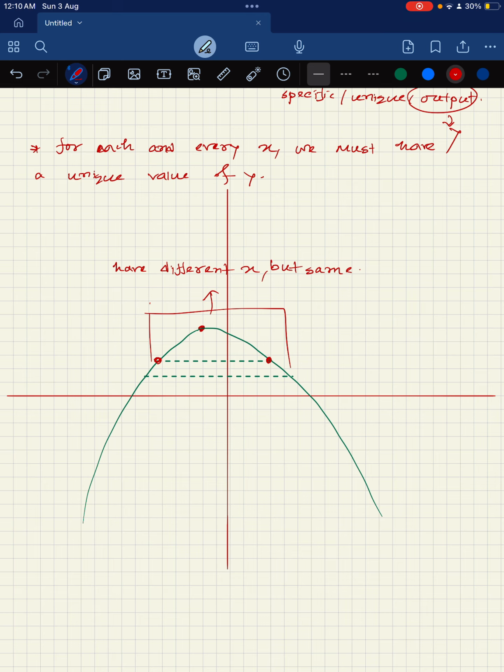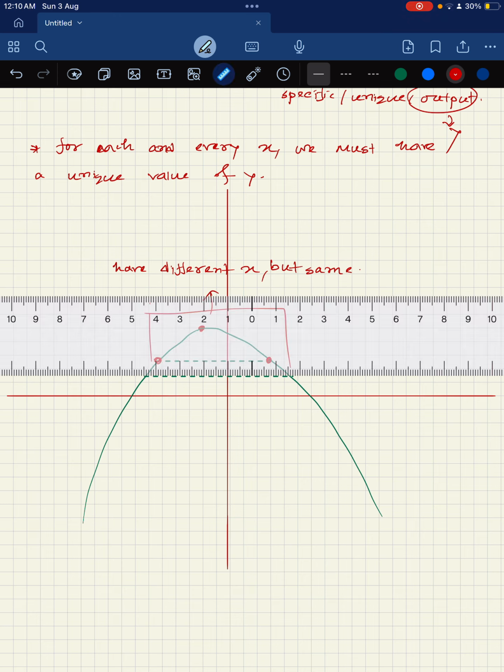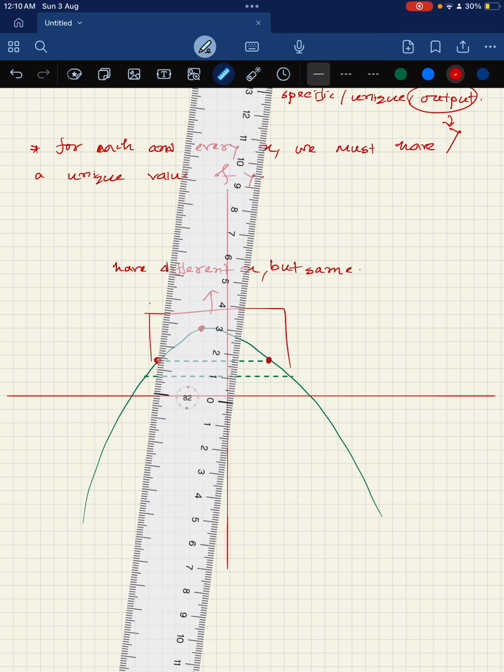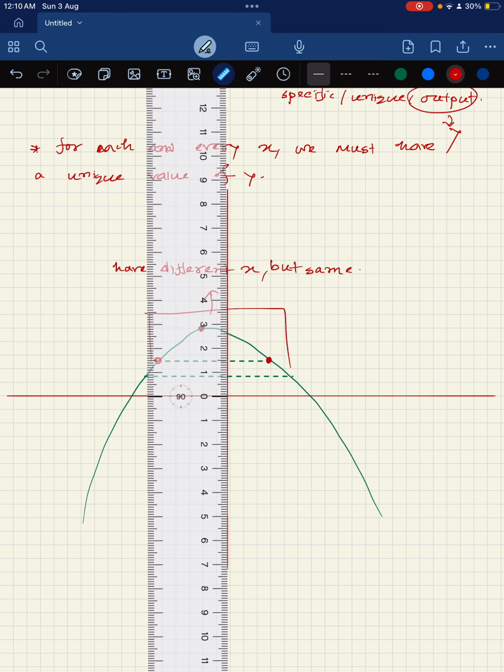So to have an inverse, we just have to consider one of the two segments cut down from the vertex. Just look at it.